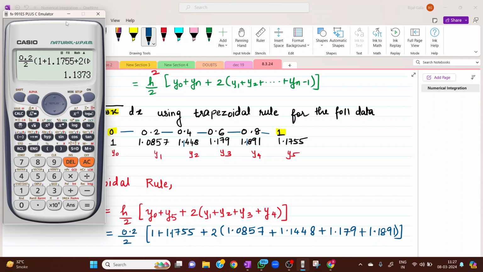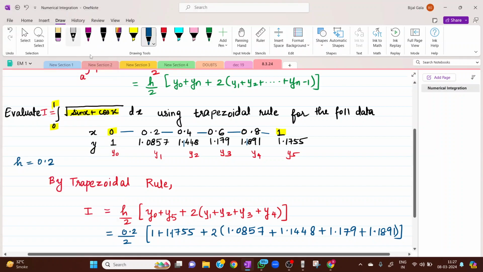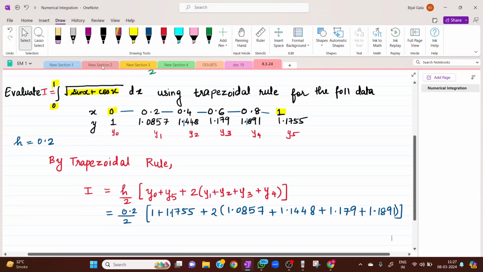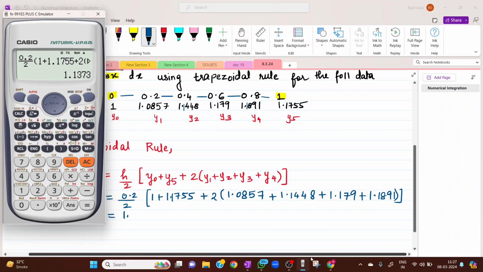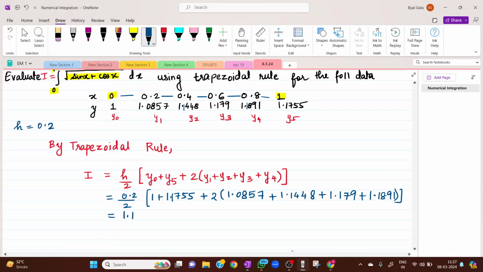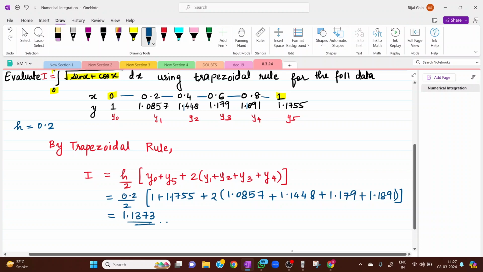Did you get the same value? Yes, ma'am. Okay, so 1.1373, and that completes your sum of the trapezoidal rule. Simple? Okay, and I had fixed my calculator at 4 decimal places.